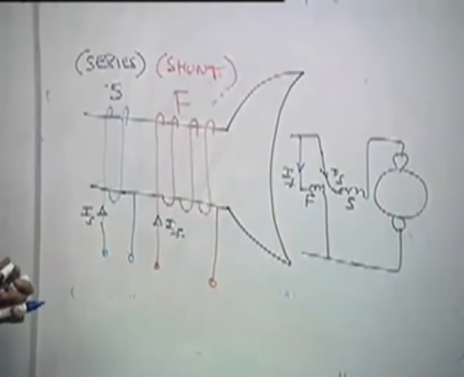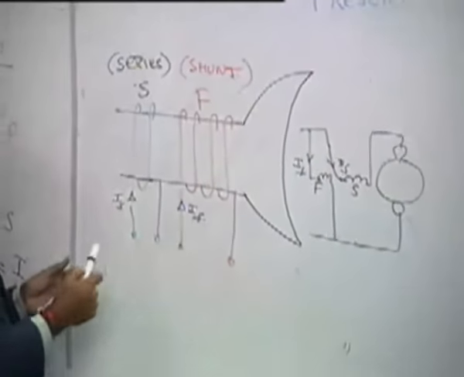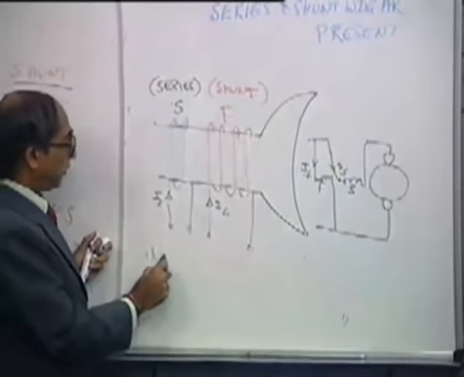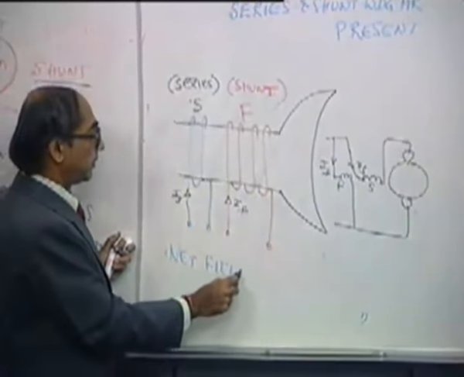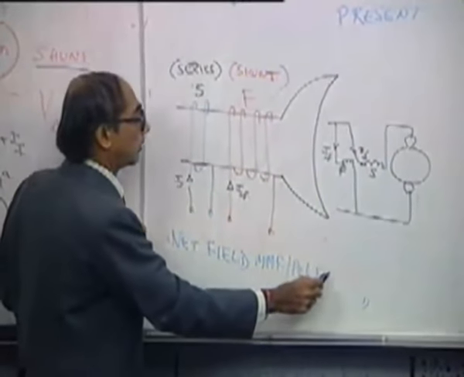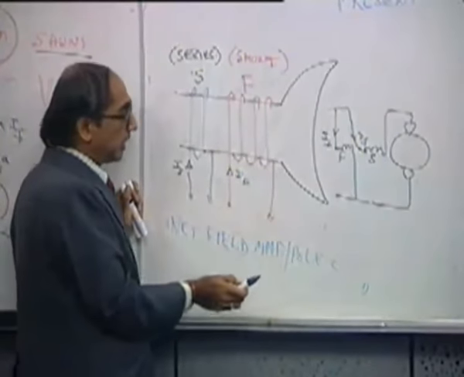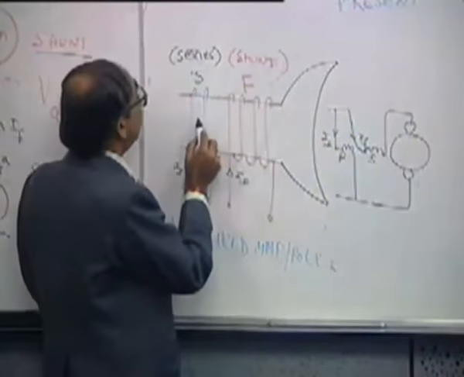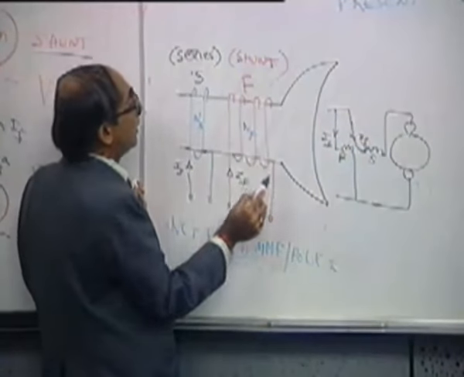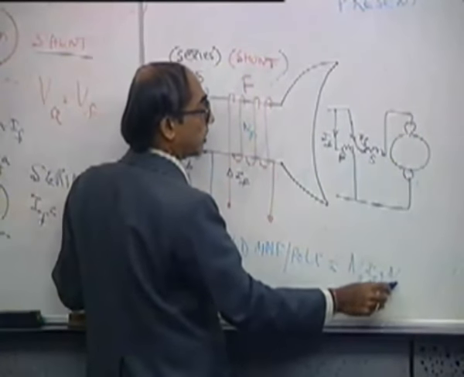Now for the type that is shown here, for the way it is wound, it is found that the net field MMF per pole will be the sum of the MMF produced by each of the windings, and if the series has turns NS and the shunt has turns NF, you can say that it is equal to NSIS plus NFIF.